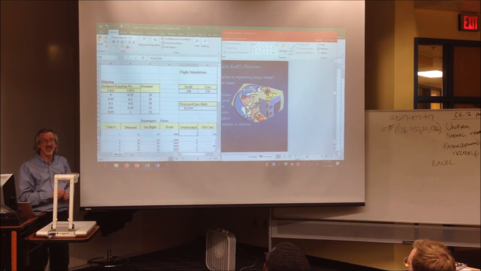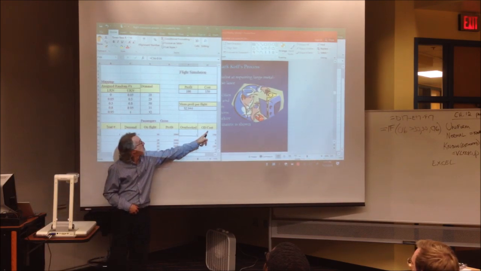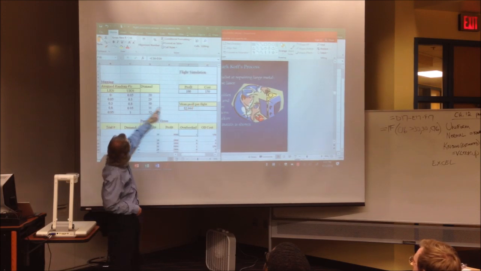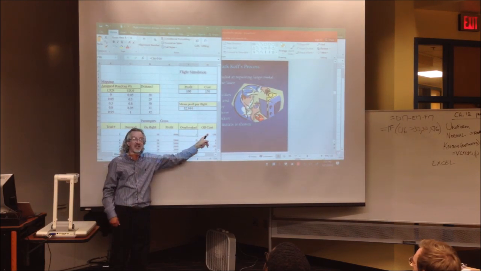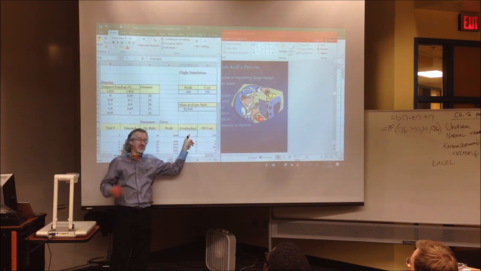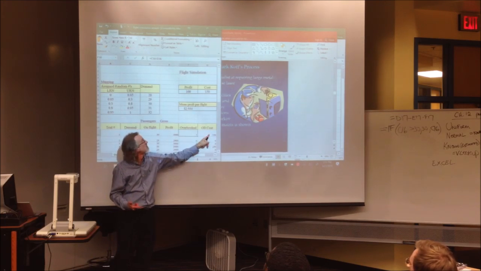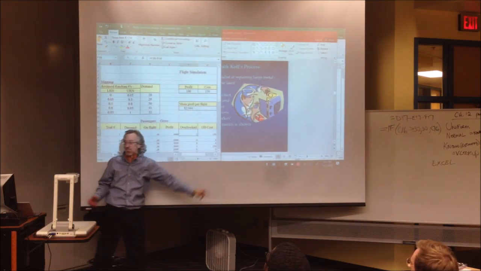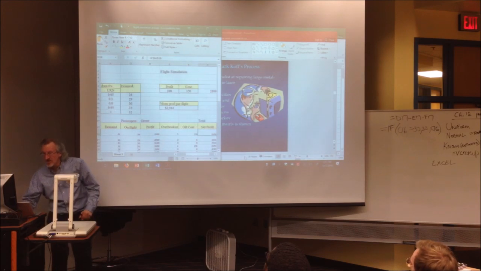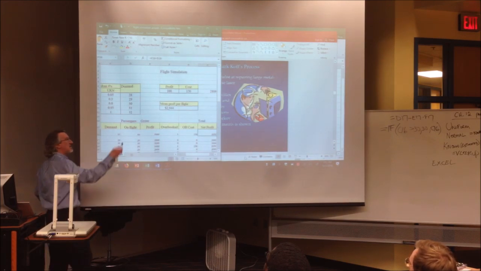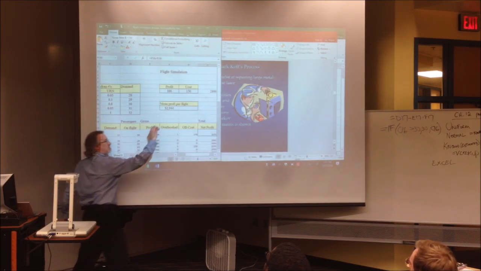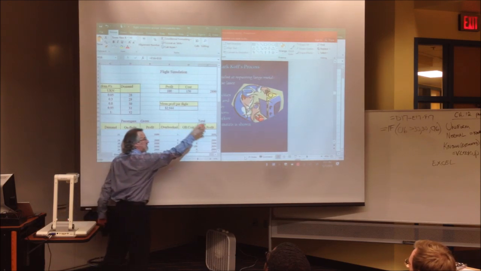C16 minus D16. Now, our overbooking cost is right up there in G7. So this cell is saying, however many passengers got overbooked, multiply it times G7, which is 150. Let's get to the end. Net profit, think about it, gross profit minus overbooking cost gives us the net profit.